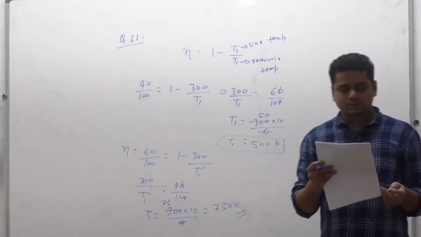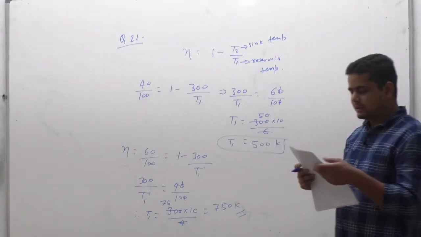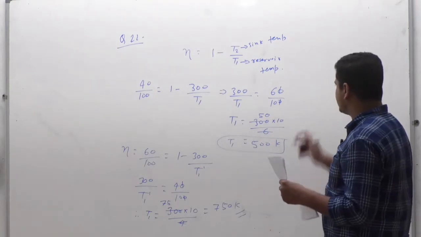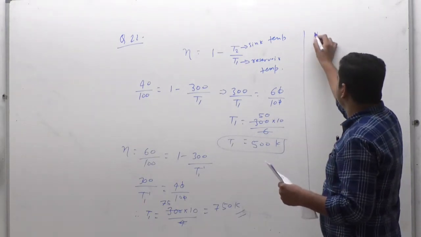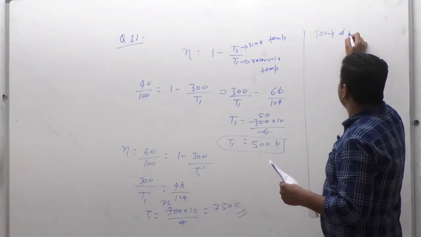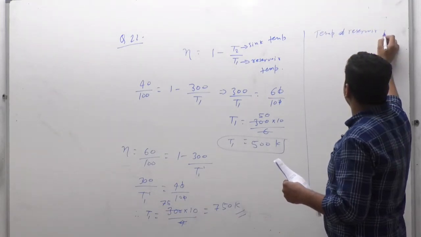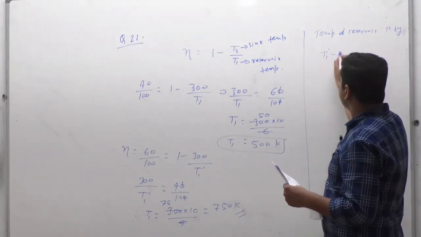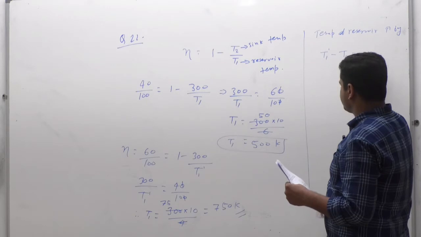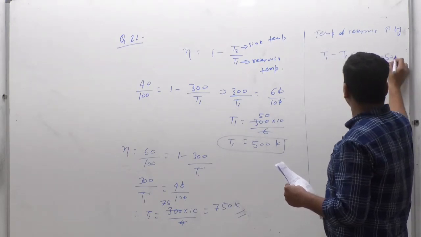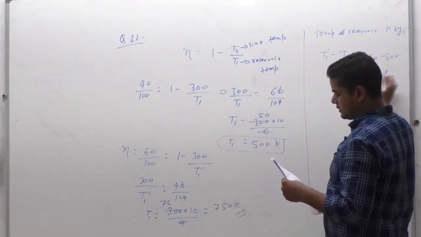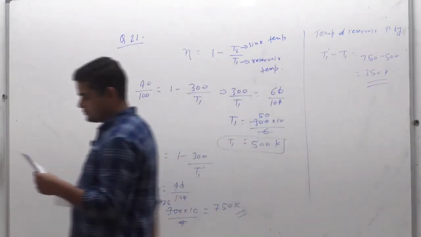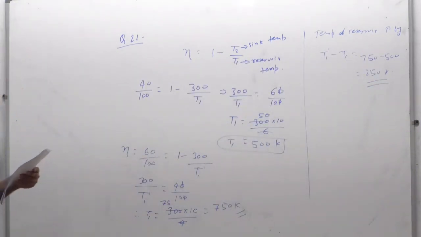So the temperature of the reservoir is increased by T1 dash minus T1, which is equal to 750 minus 500, which is equal to 250 Kelvin. Correct. So that is question number 22.